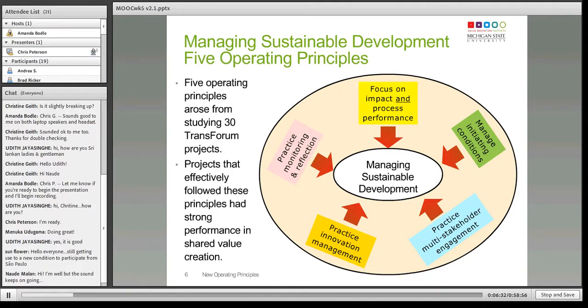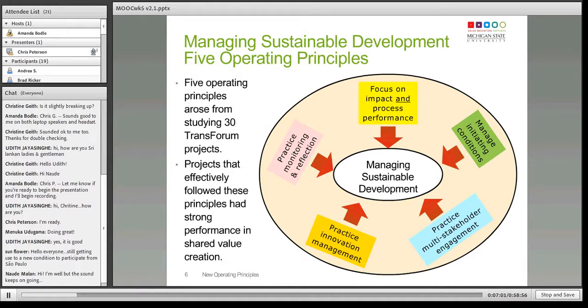And managing innovation goes beyond traditional project management processes. And then finally, there is a very special role to practice monitoring and reflection in these kinds of projects. Hopefully, by the time we get done today, all 5 of these operating principles will make good sense.